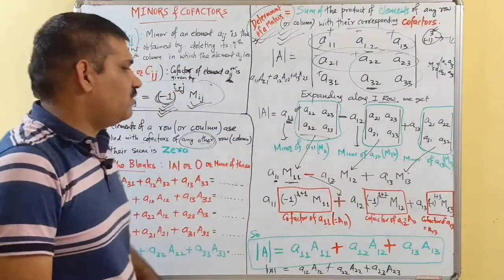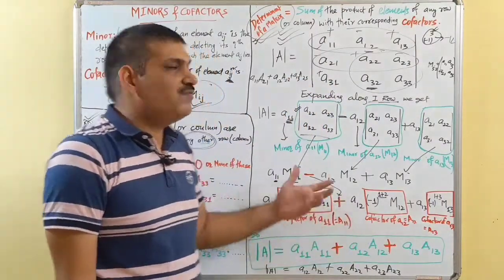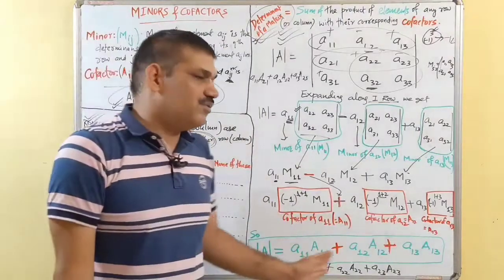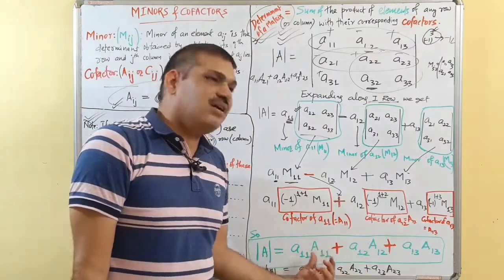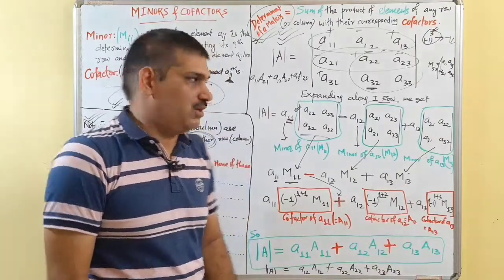The cofactors are denoted by capital C for cofactor, Cij, but in our textbooks it is denoted by capital Aij, so we are using capital Aij.